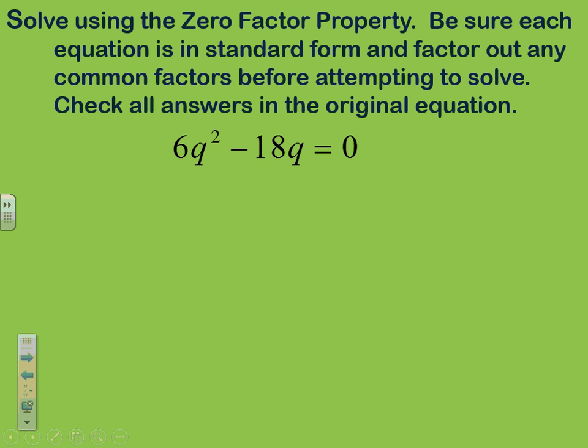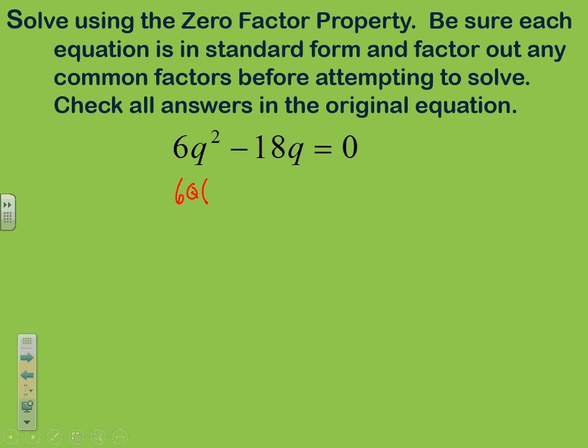The term on the left, 6q squared, and the term on the right, the negative 18q, both have something in common. They both have a 6 in common, and they both have a q in common. Those would be the greatest common factors between both of the terms. So I could factor out a 6q.